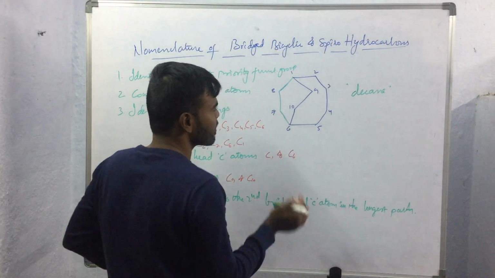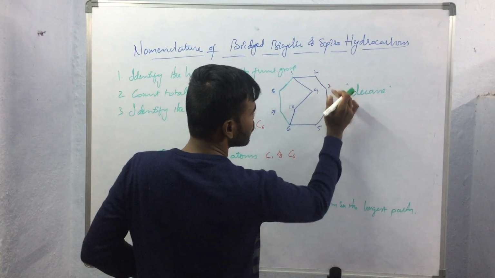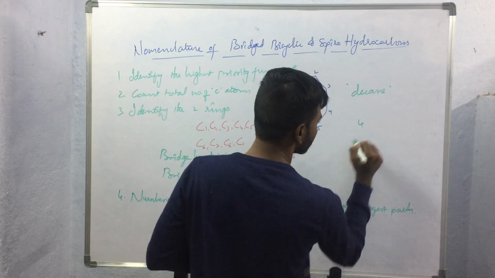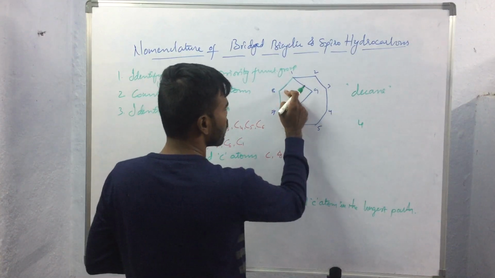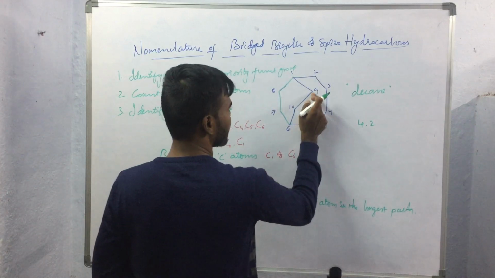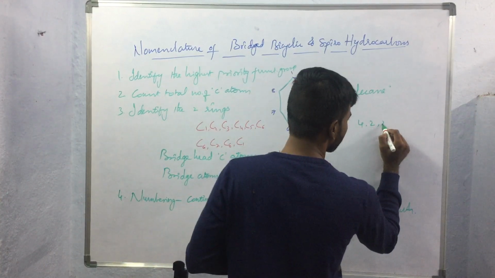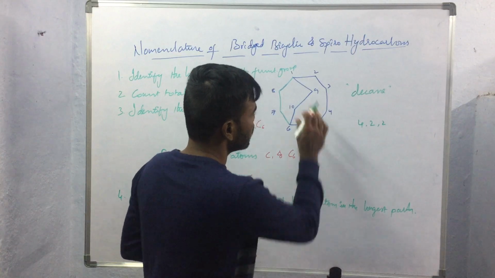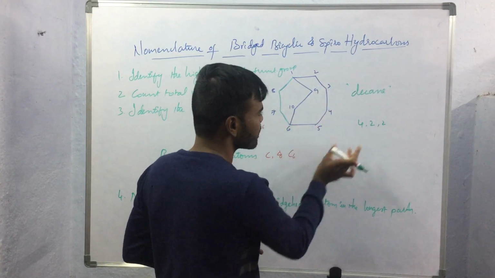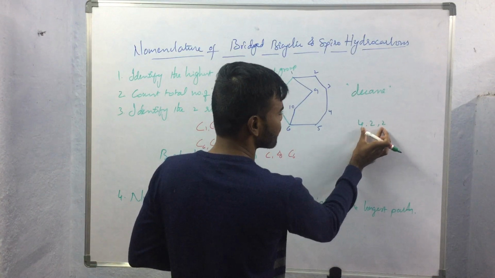Now in this counting, 1, 2, 3, 4: in one path, 4 atoms are present, and 1, 2: in another path, 2 atoms are present, and in another path, 2 atoms are present. So here 3 paths are possible, and in these 3 paths, these many atoms are present.